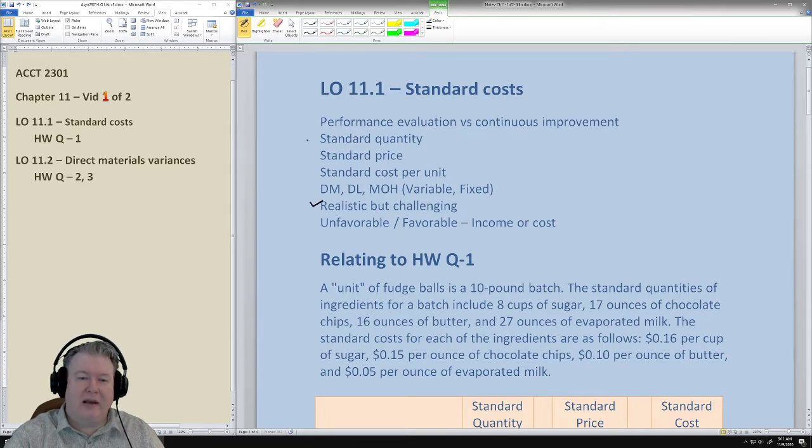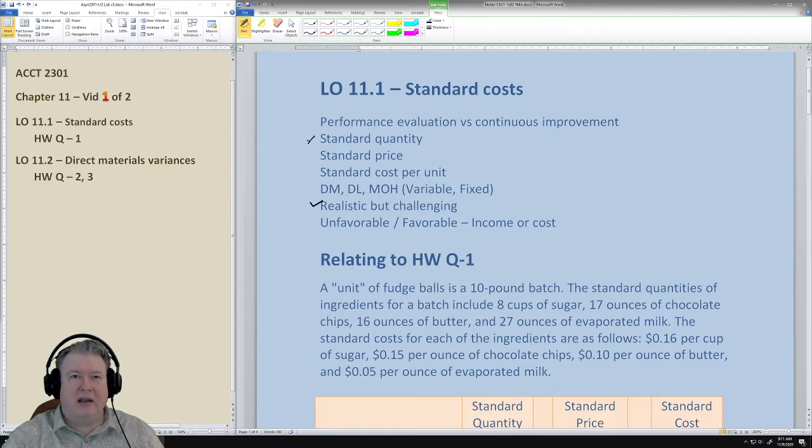We're going to look at, did we get the quantity right? In other words, if we're buying a bunch of materials, did we use too many materials or too few? Or were we paying too much for those materials or too little? So we're going to say, here are the actual results, here was our budget, now where did we differ?